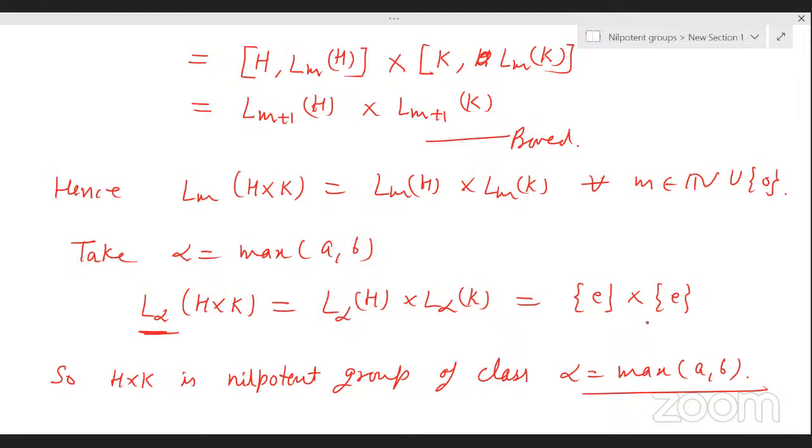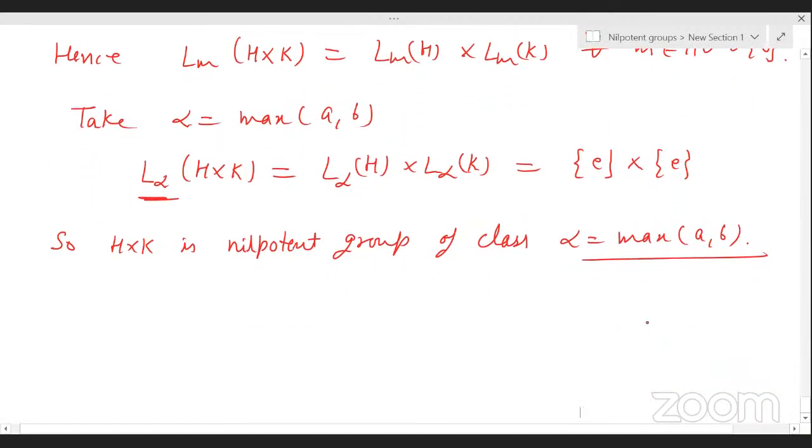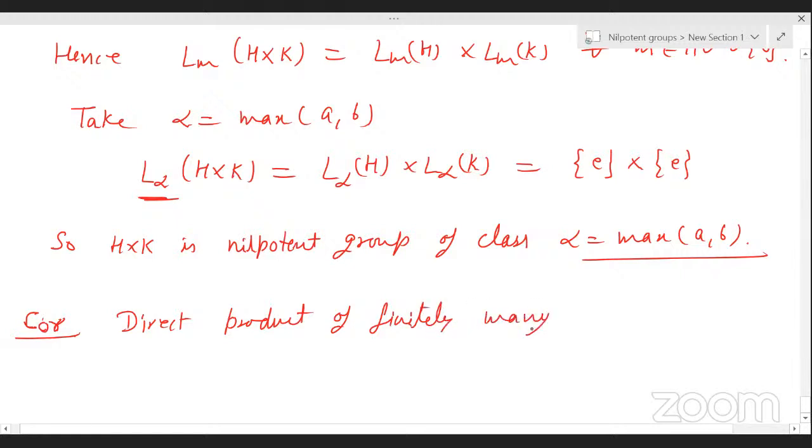Is it okay? So the direct product of two nilpotent groups is nilpotent. Because we have proved it for two, we can say that the direct product of finitely many nilpotent groups is nilpotent.